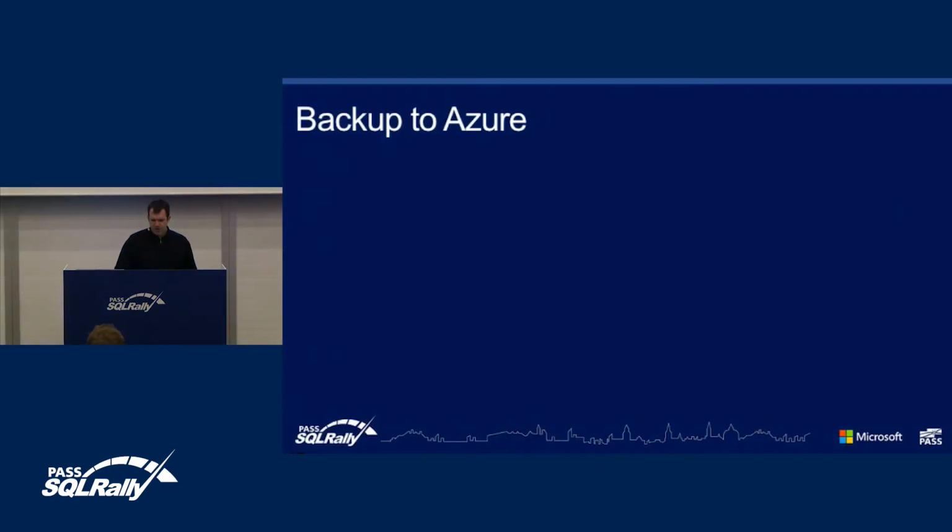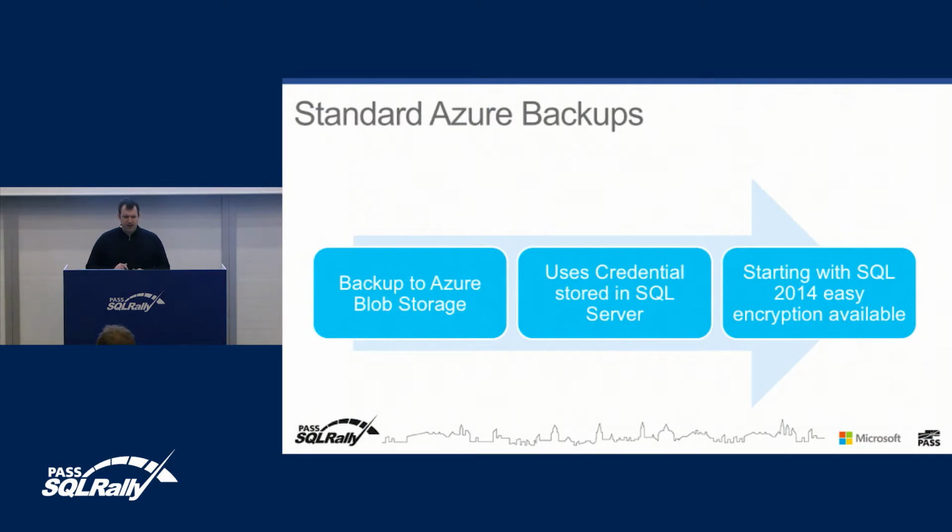So the first thing I'm going to talk about is backup to Azure. We have the ability to back up to Azure Blob Storage. This is a feature that was introduced in SQL Server 2012 SP1 CU2 or later. I've been told by Microsoft, though I haven't tested this, that if you're using a newer version of Management Studio, you can back up an older database to Azure. I just haven't tested it.